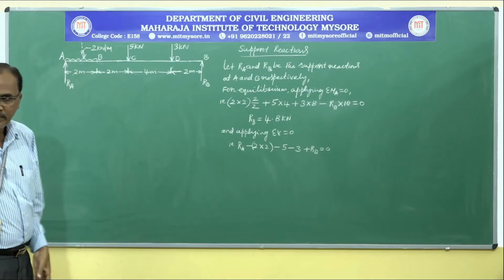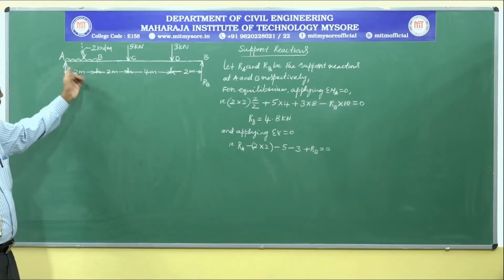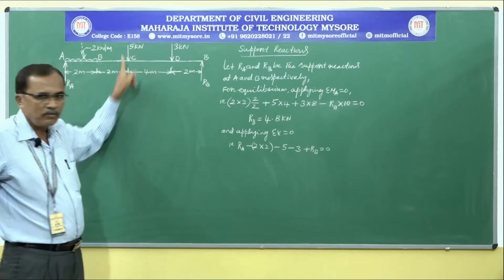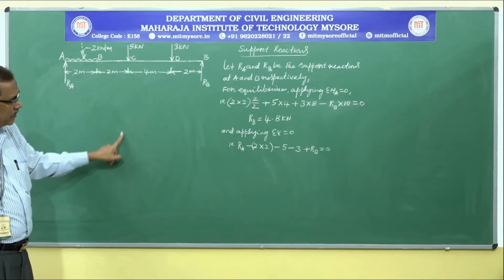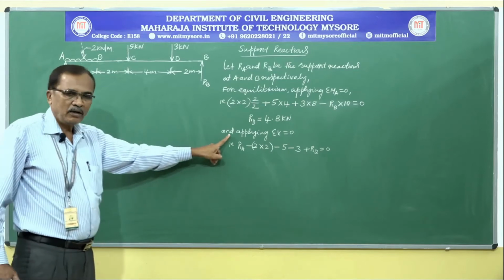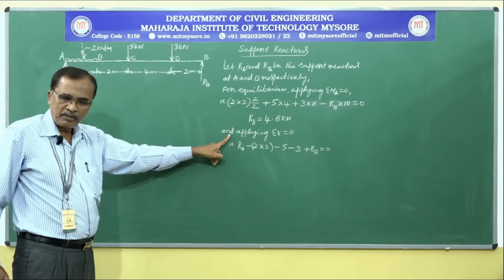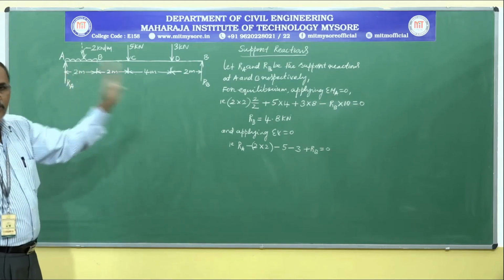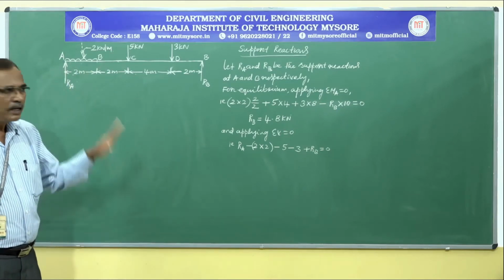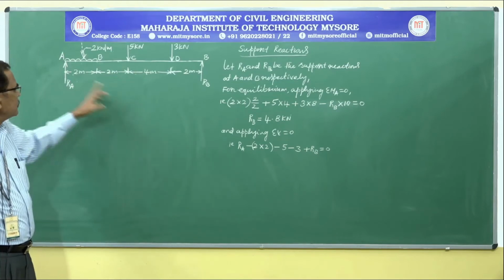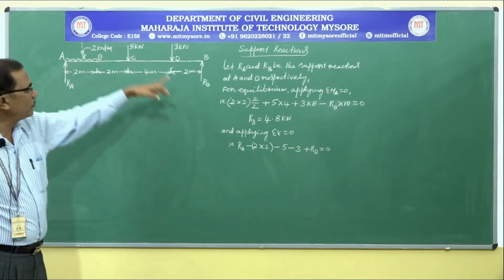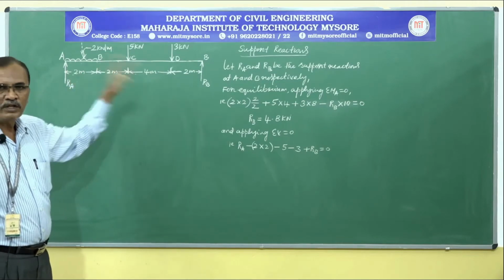We considered the remaining forces, the UDL and point loads, because they are creating moment. Whereas when we apply the vertical force equilibrium condition, we are interested in only forces, and hence we have considered all the forces from A to B. There are 5 forces or loads including the support reaction.